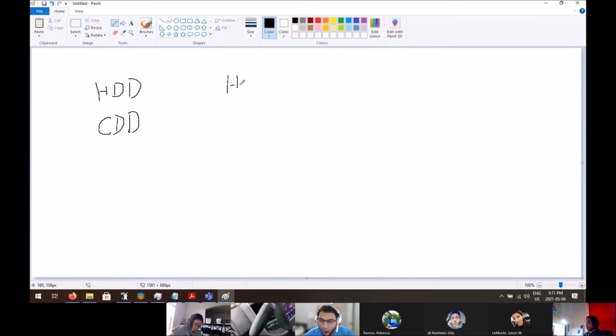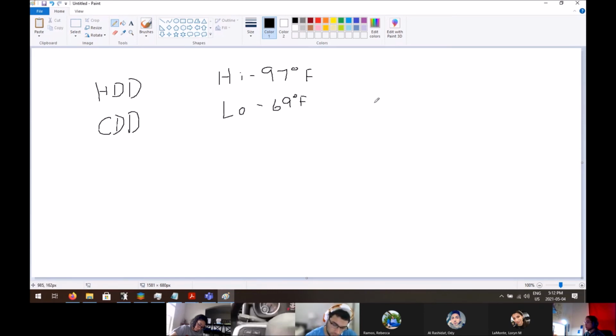So heating degree day. Let's just get a high temperature real quick. Let's say a high of 97 degrees Fahrenheit. We're in Houston, and we have a low temperature of 69 degrees Fahrenheit. So we have the high and the low. Now we have to calculate the average.